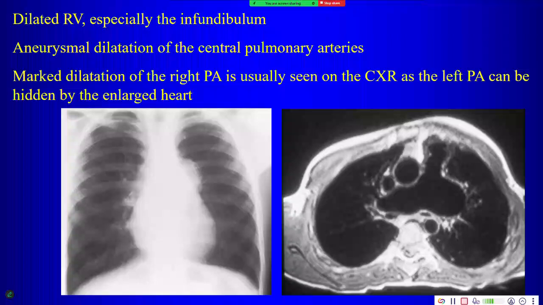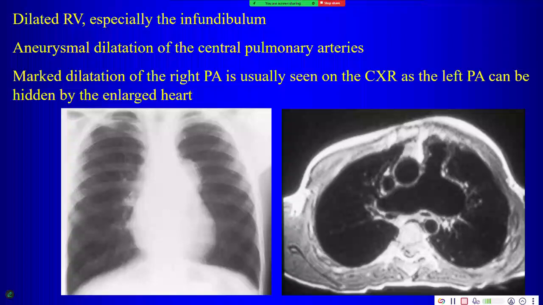The original procedure that was done for tetralogy of Fallot was, what was that called? Blalock-Taussig shunt. So a Blalock-Taussig shunt is a shunt from the subclavian artery to the pulmonary artery to increase the blood flow within the pulmonary circulation. And that might be done in some cases until they can do more definitive surgery as a palliative measure.